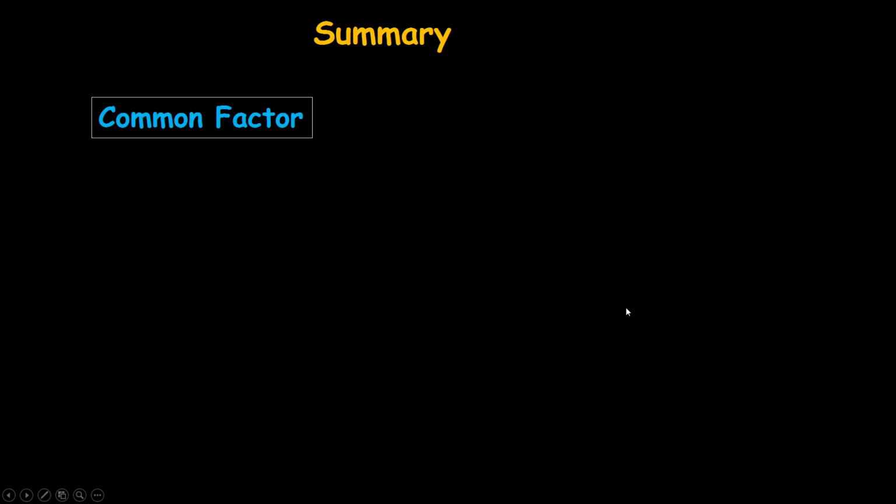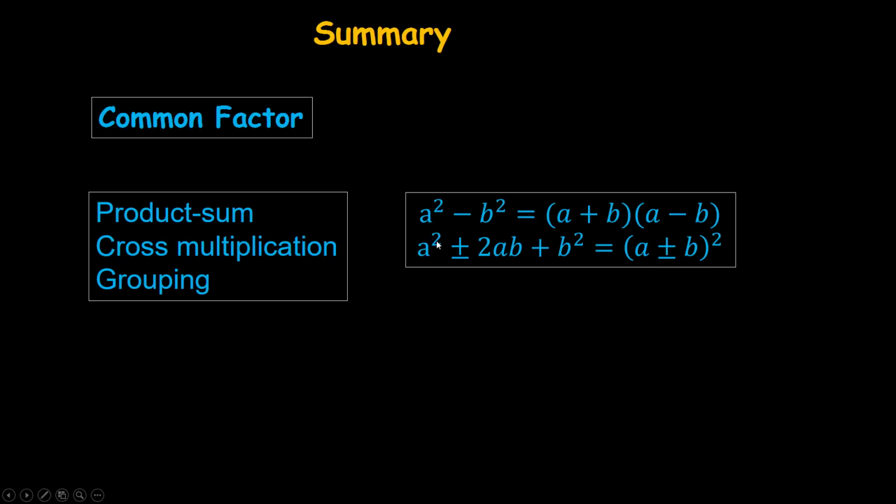Okay, that's all. Let me just quickly summarize. So first we talked about the common factor method. This is very, very simple and only fits certain special functions. And then we talked about product sum, cross multiplication, and grouping. Those are the three trial and error methods. The basic idea is to find out how you factorize a number like 12, because it's 3 times 4, it could also be 2 times 6, and so on, or 1 times 12.